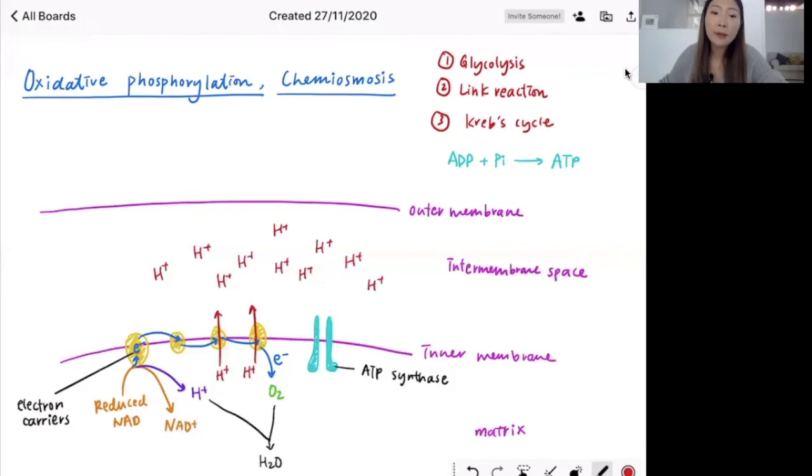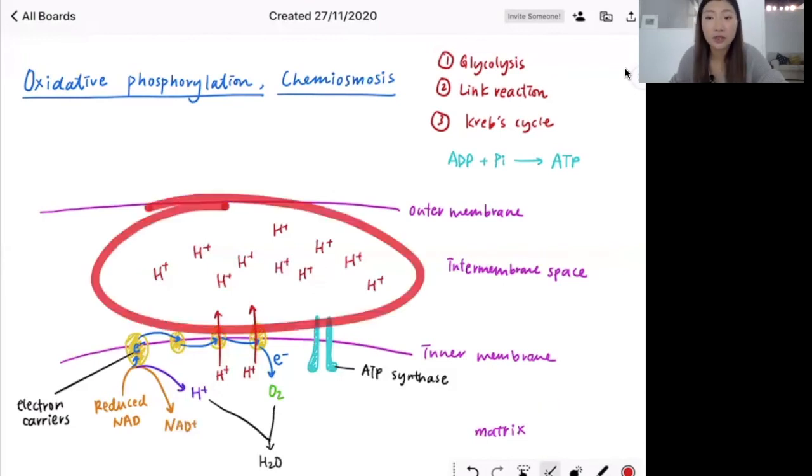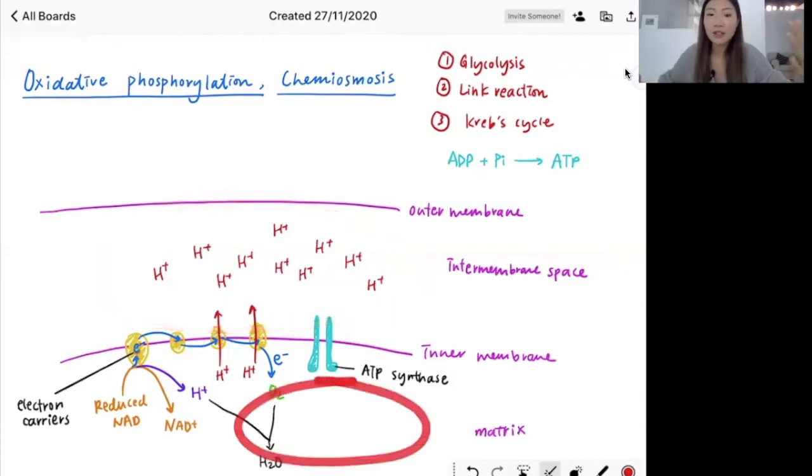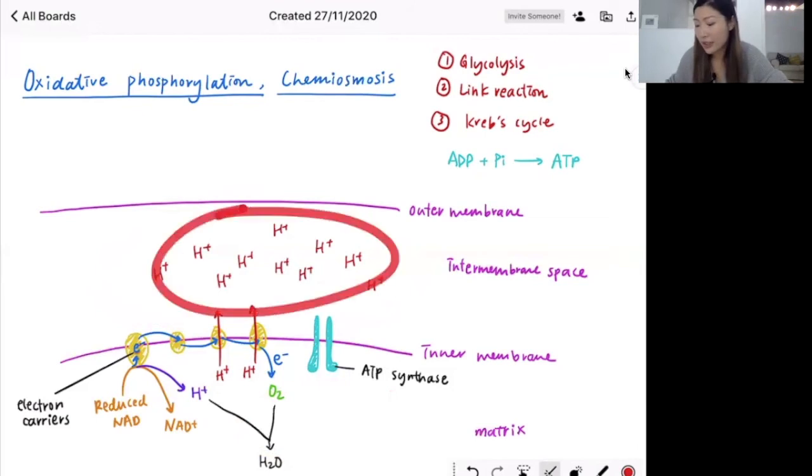After pumping these hydrogen ion, we have created a higher concentration of hydrogen ion in the intermembrane space compared to the matrix. So we have established a concentration gradient, an electrochemical gradient for hydrogen ion. More here, less here.